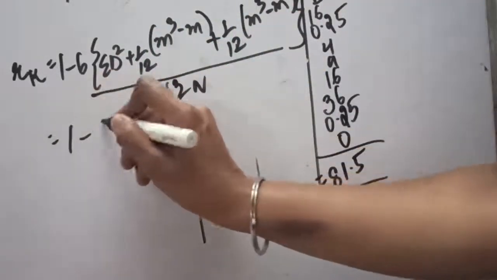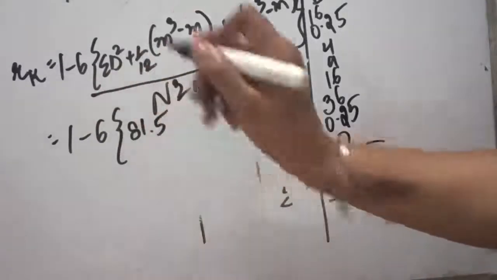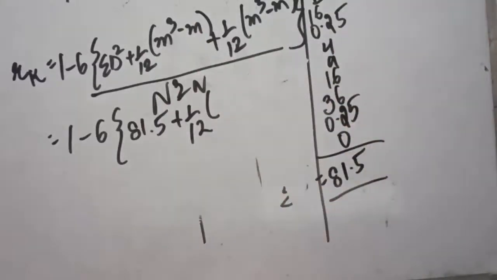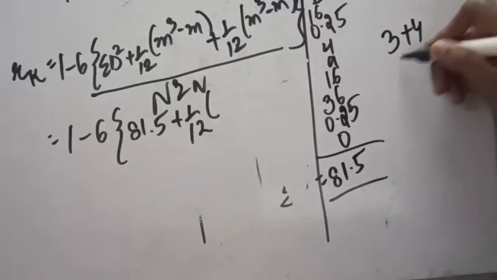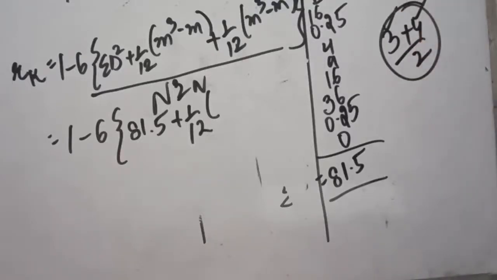So let's fill in the values. 1 minus 6 bracket sigma D square is 81.5 plus 1 upon 12. What is m? m means how many times the rank was repeated. If you remember, the first rank was repeated twice, at the third point and the fourth point.